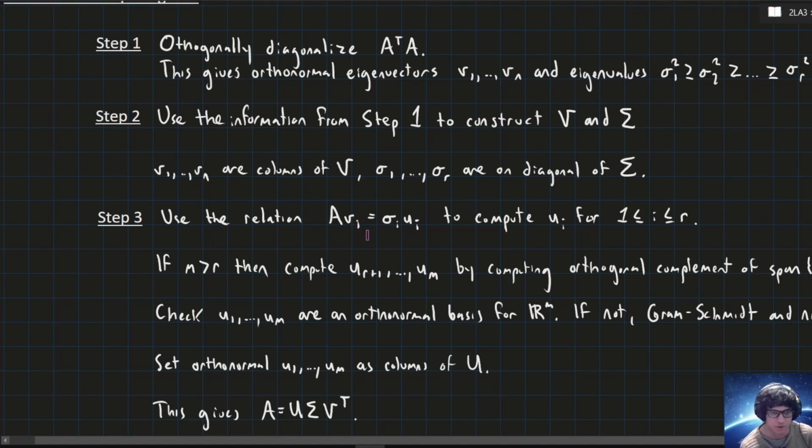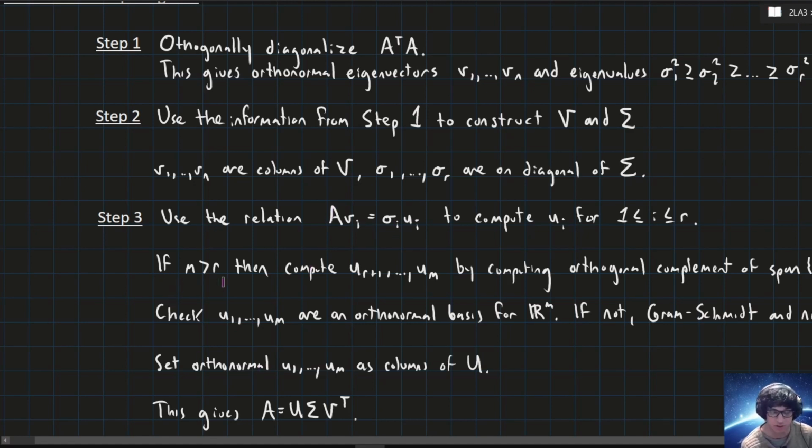Since we already know the V's, we can get the first 1 through R u's using this relation. So u1 through uR can be determined by this relationship here.